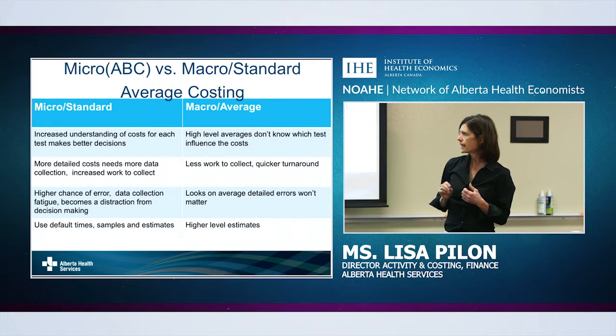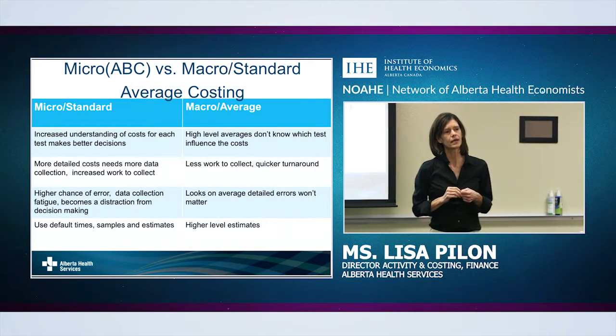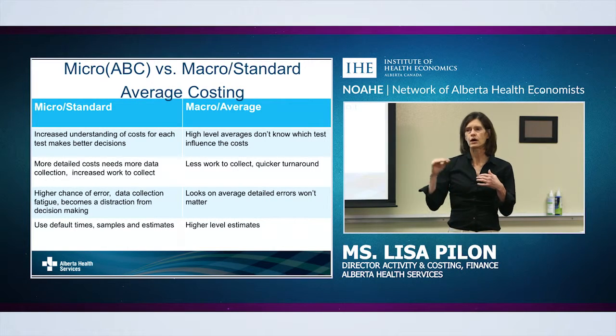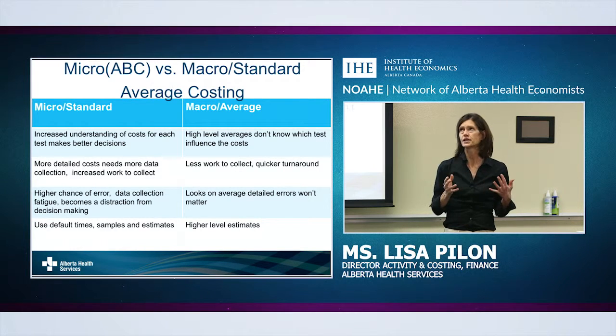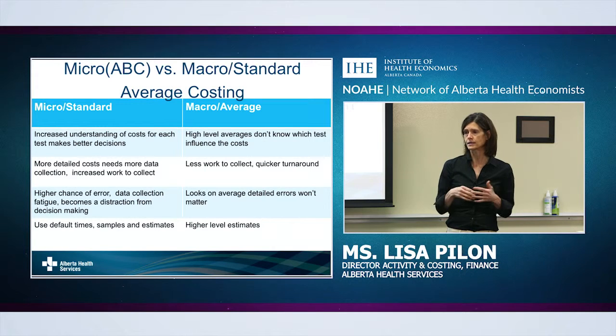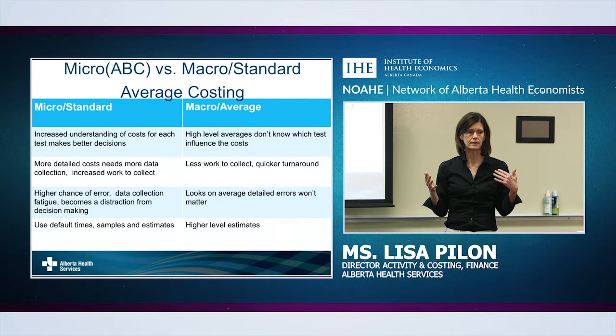Micro and standard can be subject to higher chance of error. In some ways it can be a bit of a distraction to decision making. So if you look at a cost per test and you're looking at them for 10 sites, and one site seems significantly different, or actually it's not a good example. Say if you have all your direct costs, and now you look at your overhead costs, and your overhead costs in 10 sites look really good, and your overhead costs in another one don't really look good. Lots of times the variation could just be that the data wasn't that great.